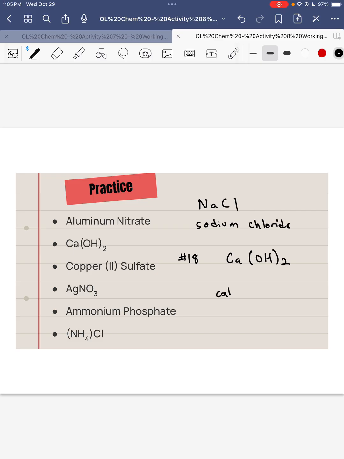It's bonded to calcium, so this is going to be calcium hydroxide. I see now that we actually already did that one, so hopefully now that we've done it twice, you really get it. It's a good idea to finish all of Activity 9 now because we have all the tools we need to name anything on Activity 9 using our 3 different types of ionic naming. Good luck.